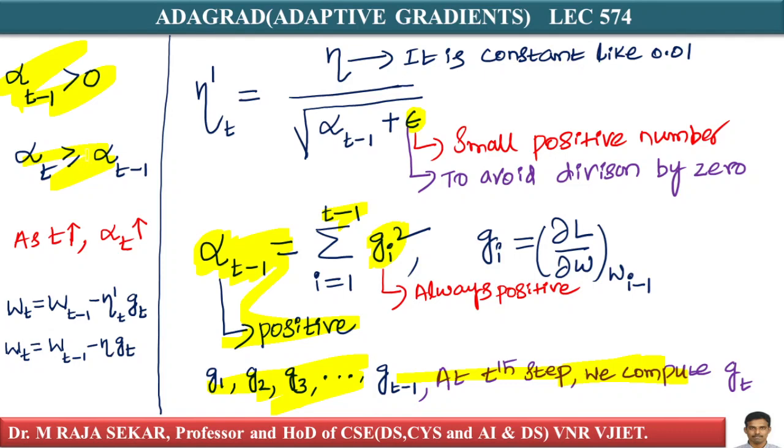So as the iteration number increases, alpha t minus 1 increases. Your alpha t is always greater than or equal to alpha t minus 1. Just go through these points.